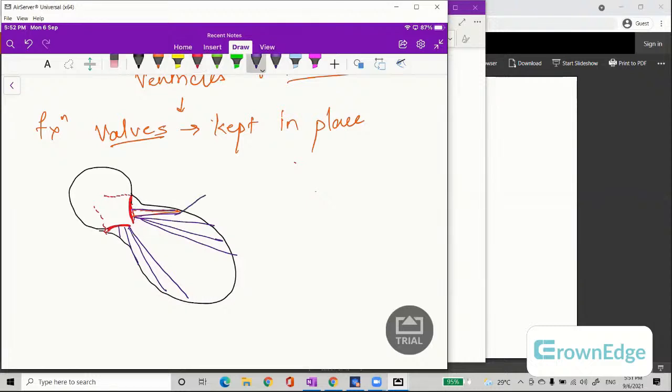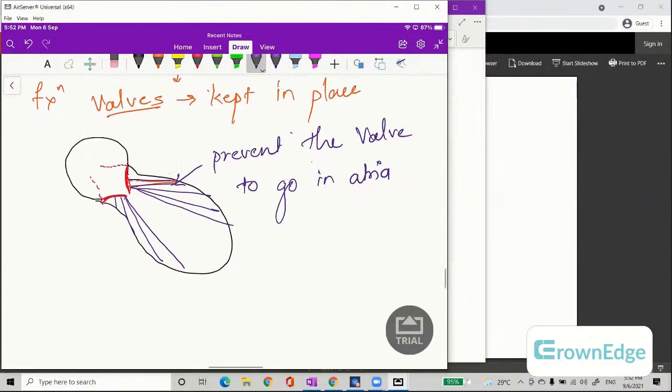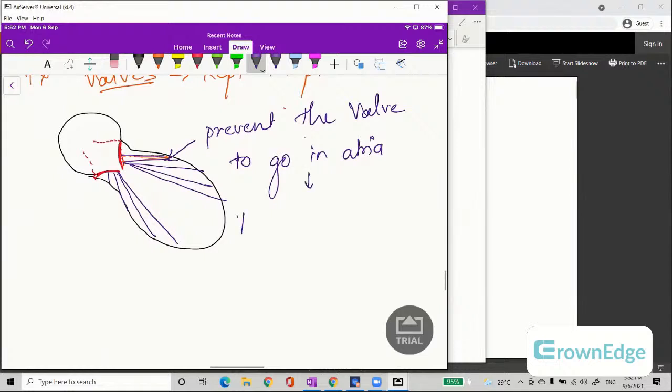So these are the chordae tendineae which prevent the valve from going into the atria, which would be abnormal, and that's how they prevent the backflow of the blood.